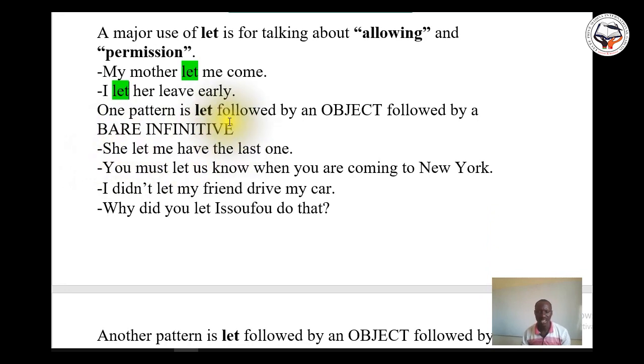One pattern is let followed by an object followed by a verb infinitive. So, she let me. Me is the object. Let me change the color: this is the object in this color, and the verb infinitive in another color.